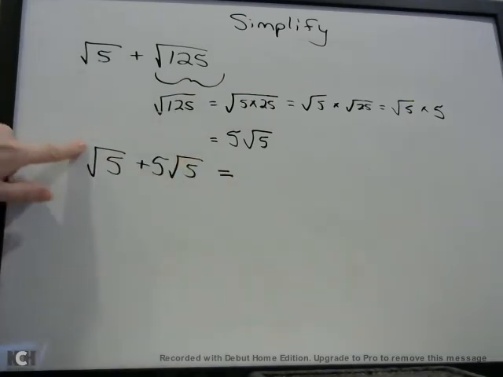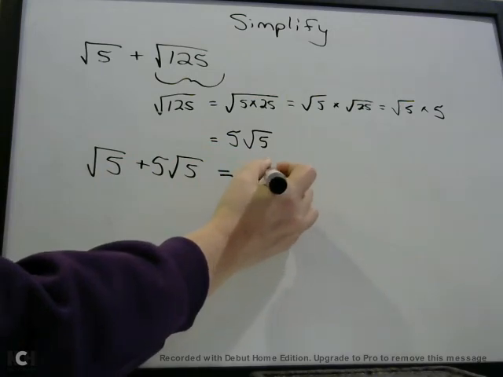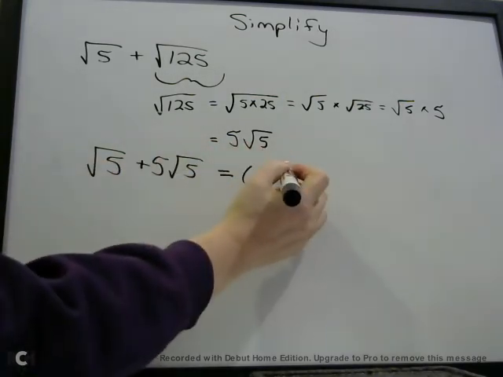Now, there's actually a 1 out here that we don't ever write, because 1 times anything is just itself, so we don't have to write the 1. But there actually is a 1 out here. So 1 plus 5.